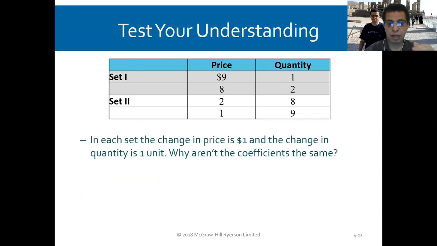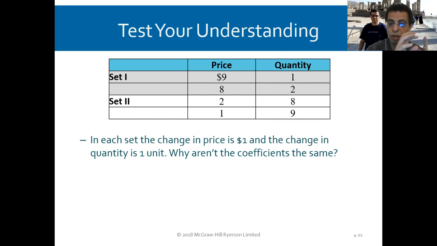So in each set, the change in the price is $1. You notice it's only $1. And the change in the quantity is 1 unit.